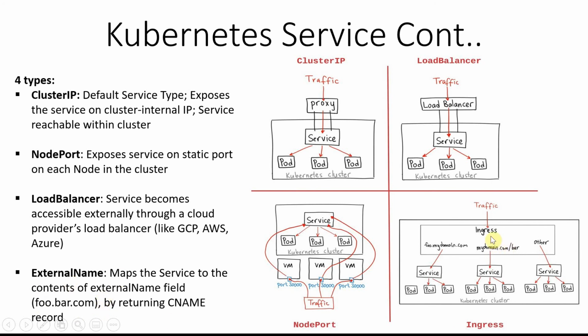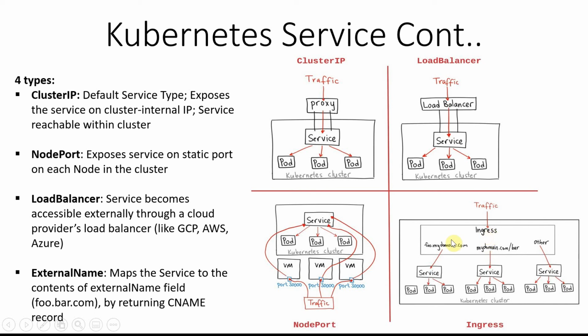And ingress is slightly different. Ingress is another component, but it's not a type; it is another traffic pattern that was recently introduced. With this traffic pattern, you route traffic by the domain name.